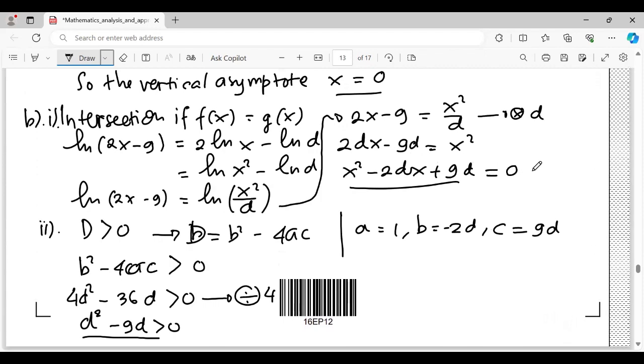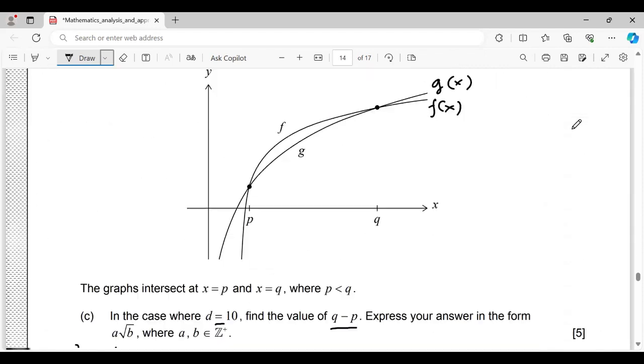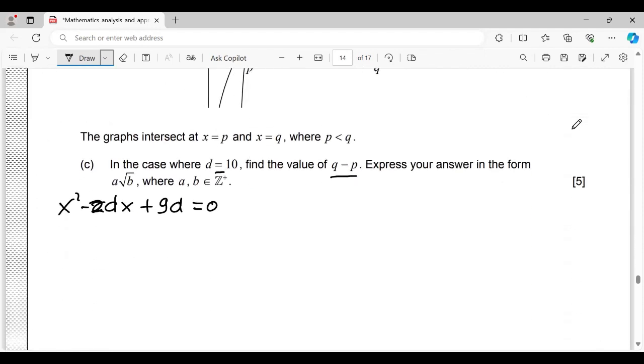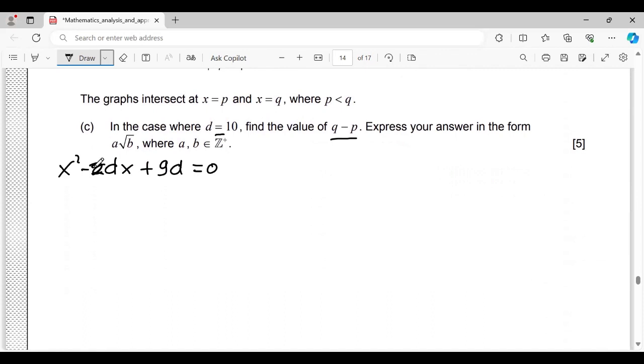From this equation, we can substitute d equals 10: x squared minus 20x plus 90 equals 0.